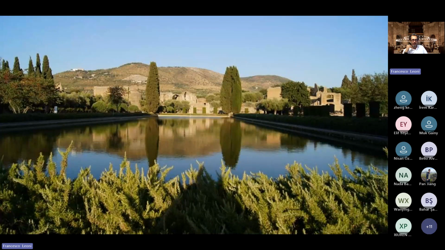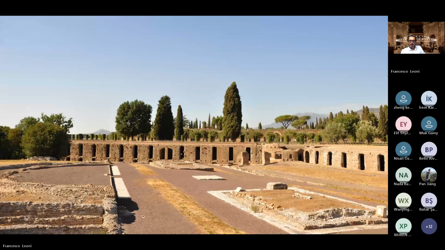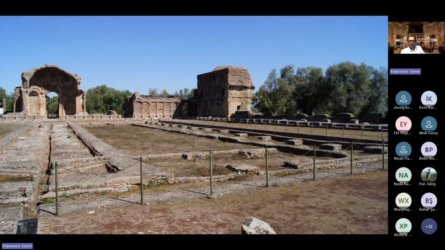Again, you can still keep on appreciating, like we did last Monday, how important water was both to life and the maintenance of the villa, and both for the architectonic and scenographical needs. This is the big boulevard for the scenographical entrance.